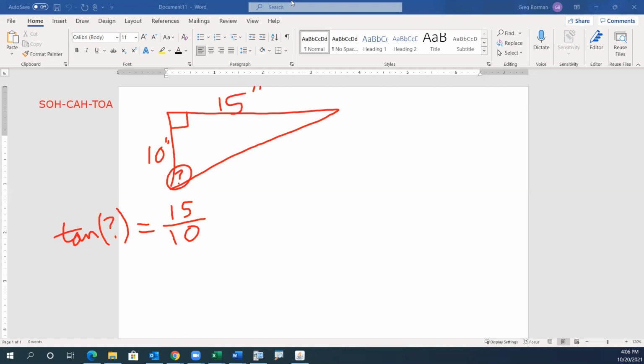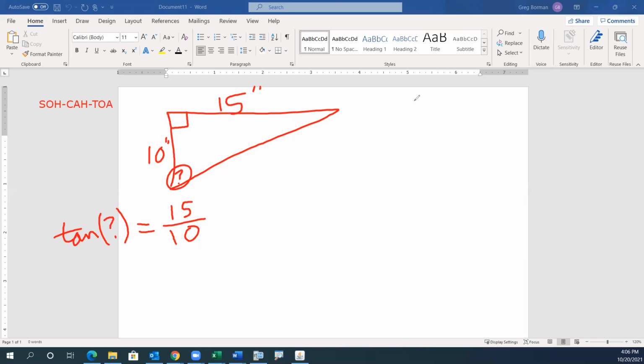So how do we handle that? This doesn't mean tangent times question mark. This has nothing to do with multiplication. Like we always do, if you have x squared equals 25, you've got to get the 2 away from the x. What's the opposite of squaring? Square root. You always do the opposite.